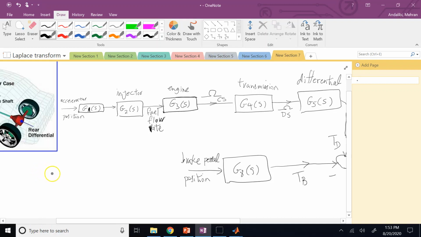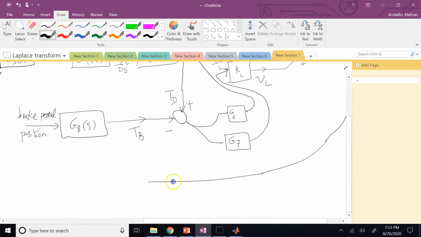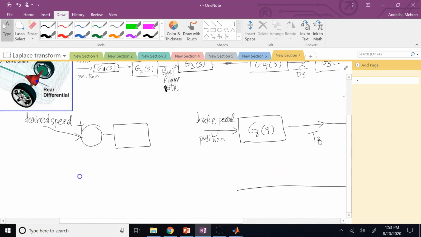You have your own speed. So you told it what speed to go, so desired speed. And then it gets the feedback from this guy, the actual speed. So you have to have a sensor that will give you actual speed.